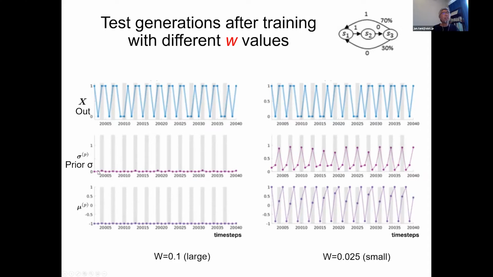But this one is what? First, sigma becomes 0, which means a deterministic model is self-organized through the learning by setting W larger. Actually, what we found is that the Lyapunov exponent, a measure of a dynamical system, is positive.